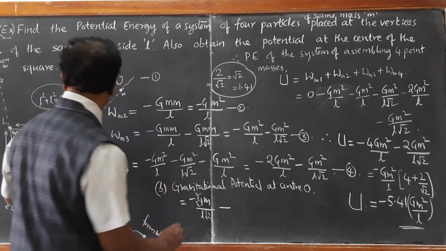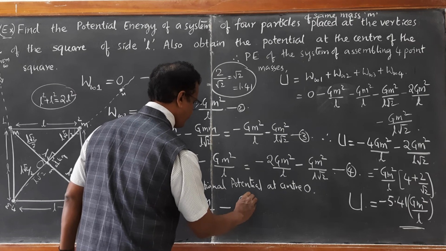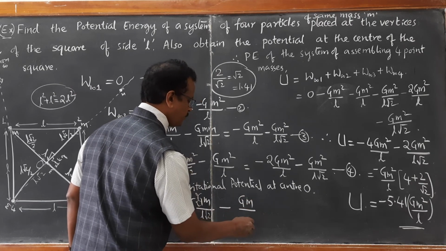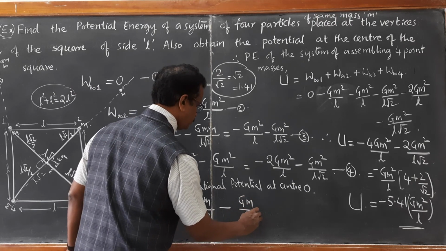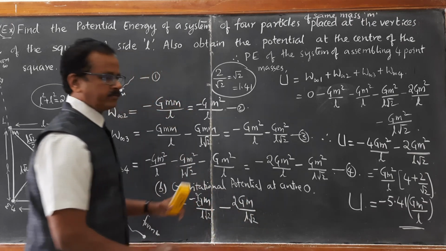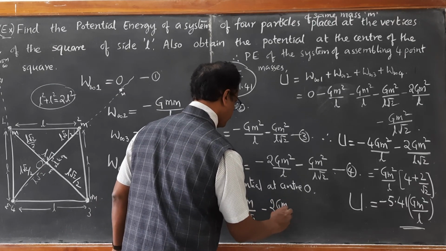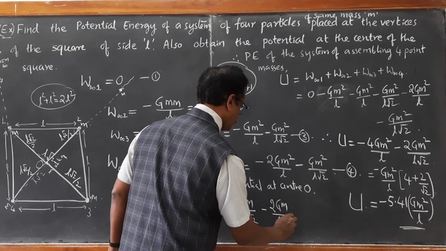Similarly, for the second one, again minus G M upon L root 2 by 2, so 2 goes to the numerator. This is the second one. The third one is the same thing: minus 2 Gm upon L root 2.